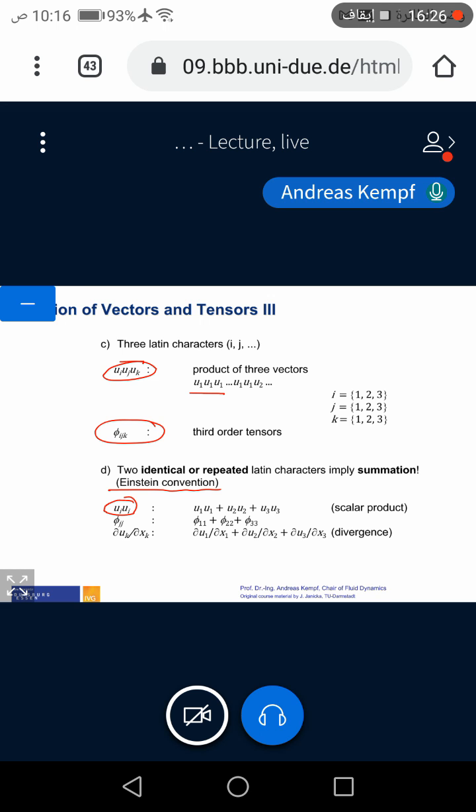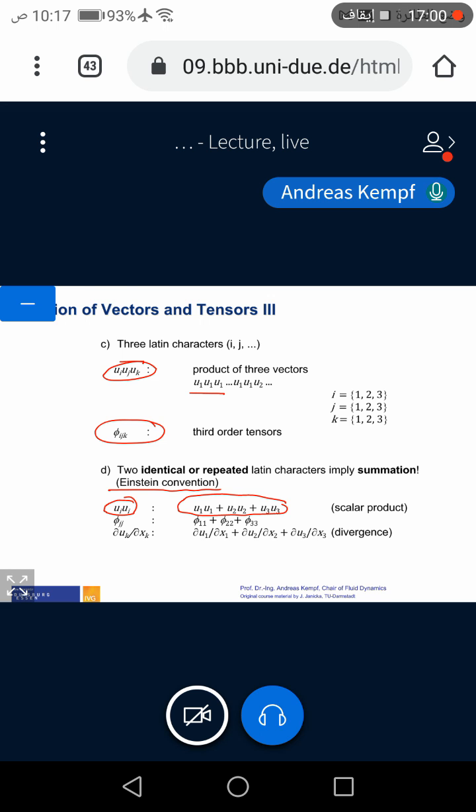And now the rule is if we have the same index twice, so not ui uj, not ui uk, but ui ui, or uj uj, or uk uk, then we take the sum instead of treating the components as individual components. So then we do not have the components u1 u1, or the component u2 u2, or the component u3 u3, but we actually have the sum of them.